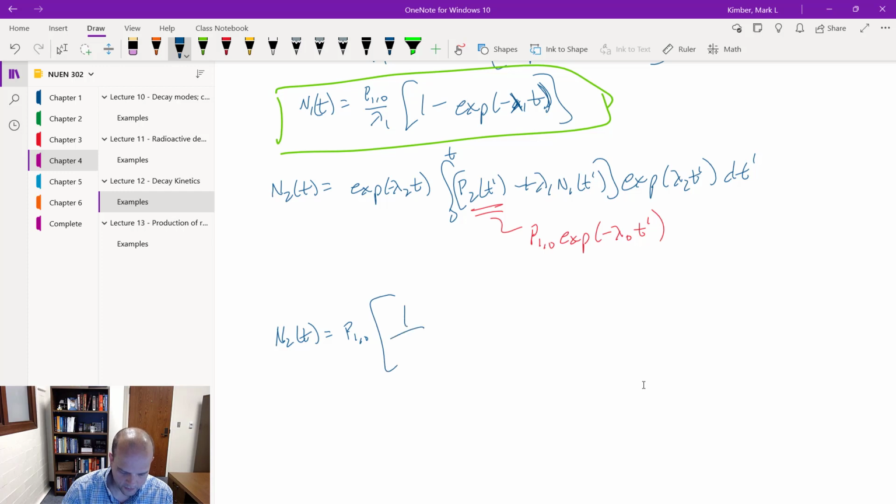For this scenario, and notice that lambda naught has nothing to do with any isotope. It just happens to be some decay constant or some exponential constant that relates the production term for isotope number 2.